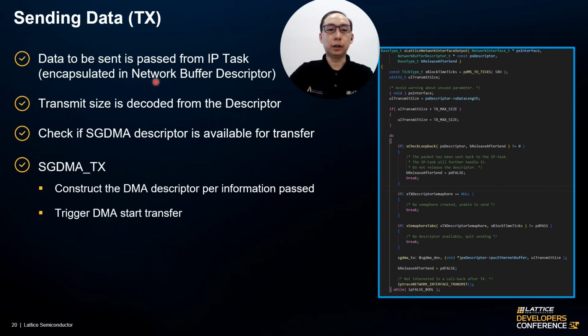The data size is decoded from the descriptor, and the API will check if there is an SGDMA descriptor available for transfer. If that is successful, the API will construct the DMA descriptor per the information being passed, and then trigger the DMA transfer to start the Ethernet transmission.